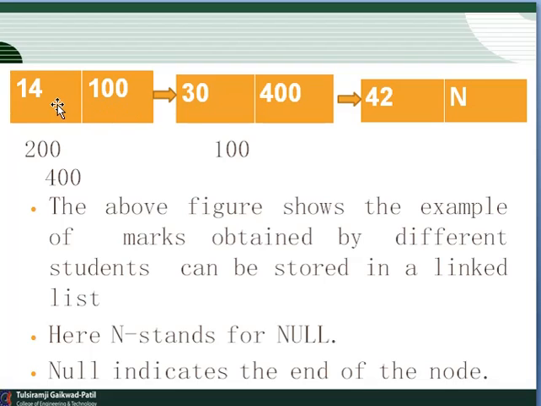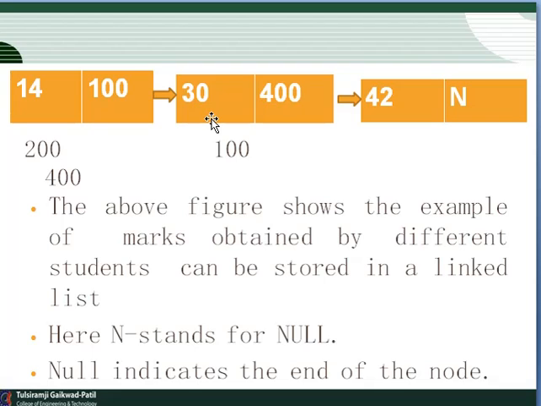Ultimately 14 is a value, 30 is a value, 42 is a value. We can say 14 is an element, 30 is an element, and 42 is an element, or 14 is data, 30 is data, 42 is data, which also have the address locations 100, 400, and so on respectively.